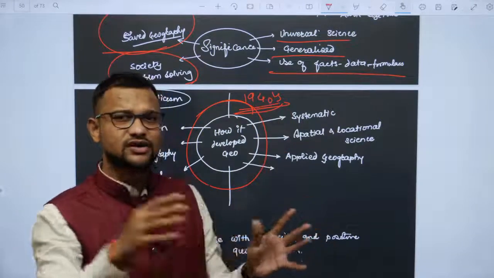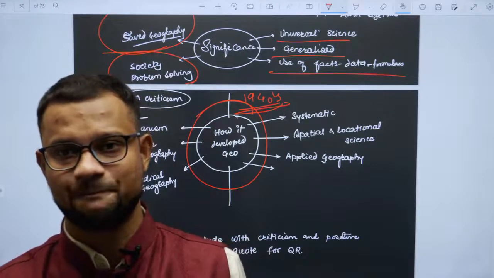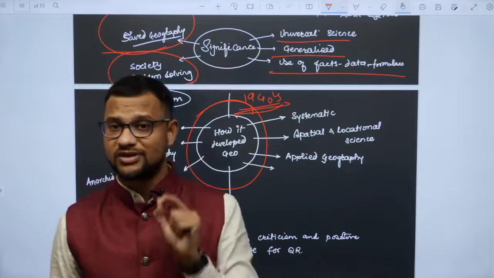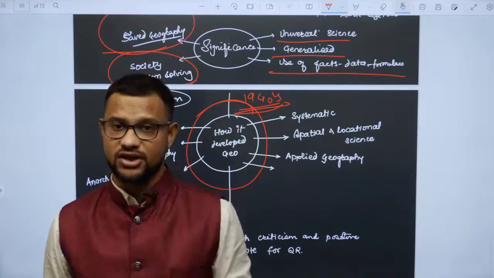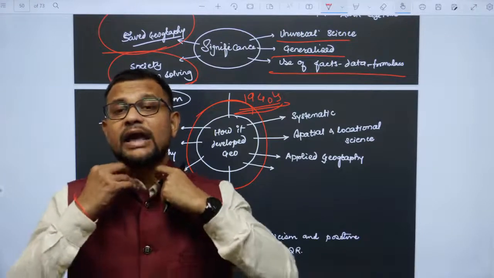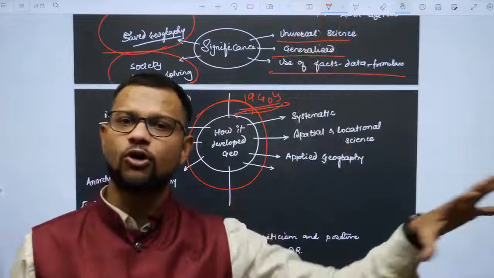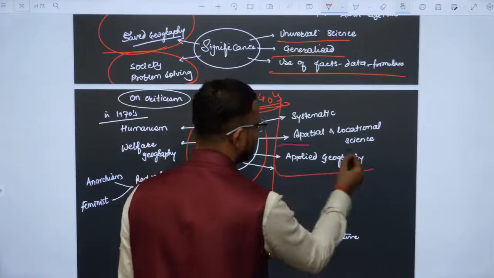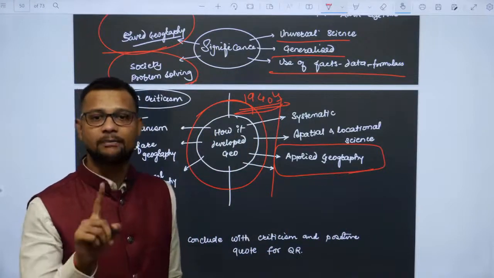The 1940s was considered the peak period of quantitative revolution development and afterwards. So the quantitative revolution made geography a universal science, more solution oriented and more generalized in nature. It added one approach to geographical study, because earlier mostly physical geography was studied. And one most important thing UPSC always asks about is the applied part.